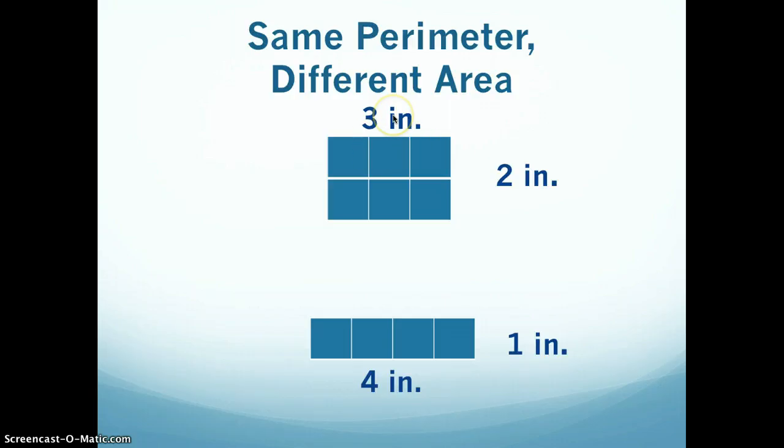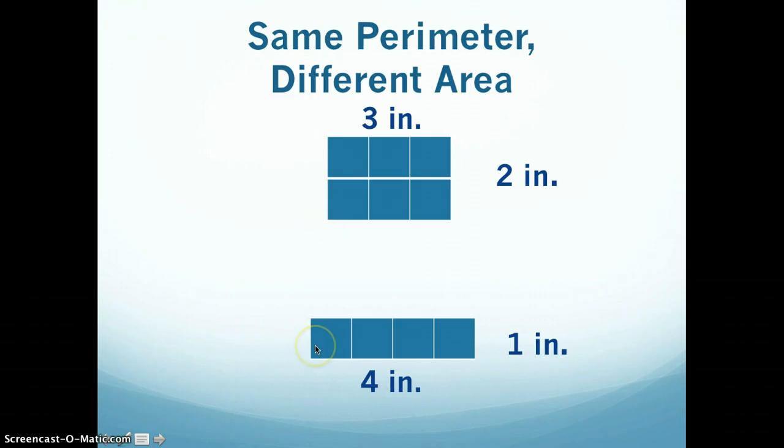Regardless of which you choose, keep in mind that whatever you do up here, it should be the same down here. So if this is 3 inches, it is the exact same length as down below. So this should also be 3 inches. If the right side is 2 inches, the left side is 2 inches.